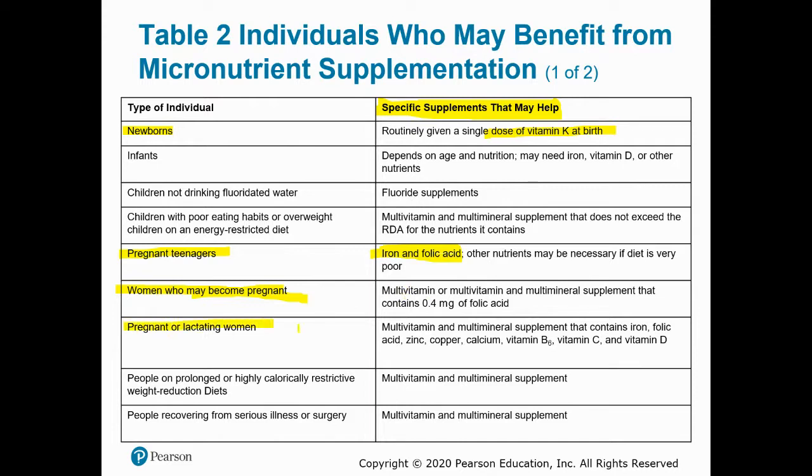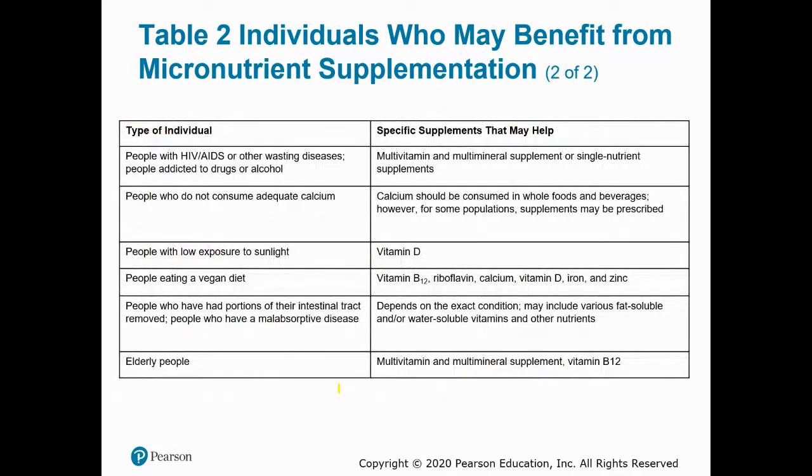During pregnancy and lactation, the focus is on select micronutrients that are really critical for fetal development. Anybody recovering from a serious illness, that's actually interesting, just supporting reestablishment of health, but not necessarily taking these multivitamins long term, just to reestablish health after surgery or illness.